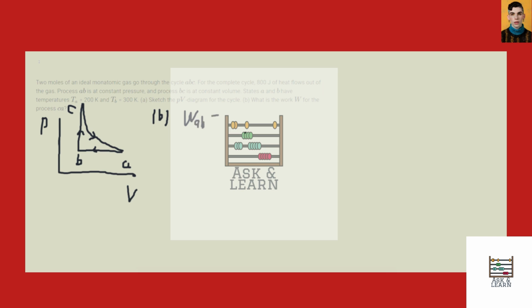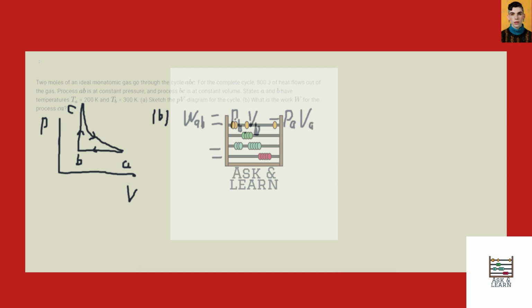So WAB is pretty easy, equal to PB times VB minus PA times VA, okay?